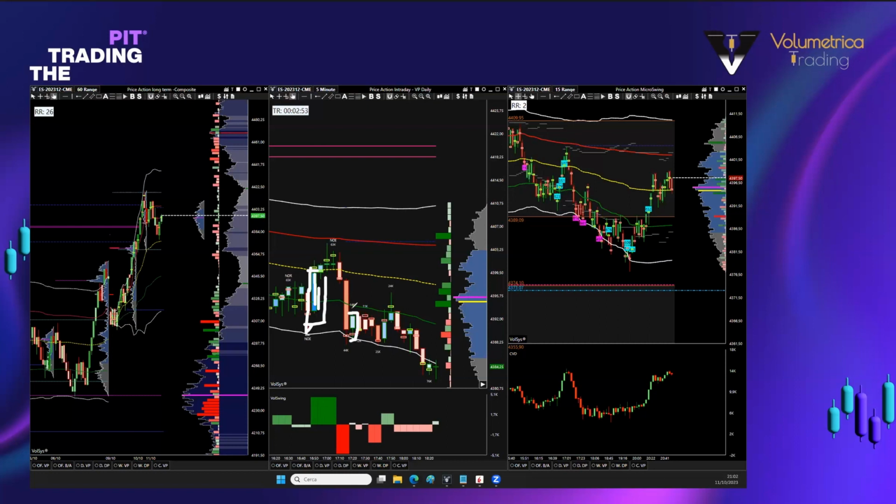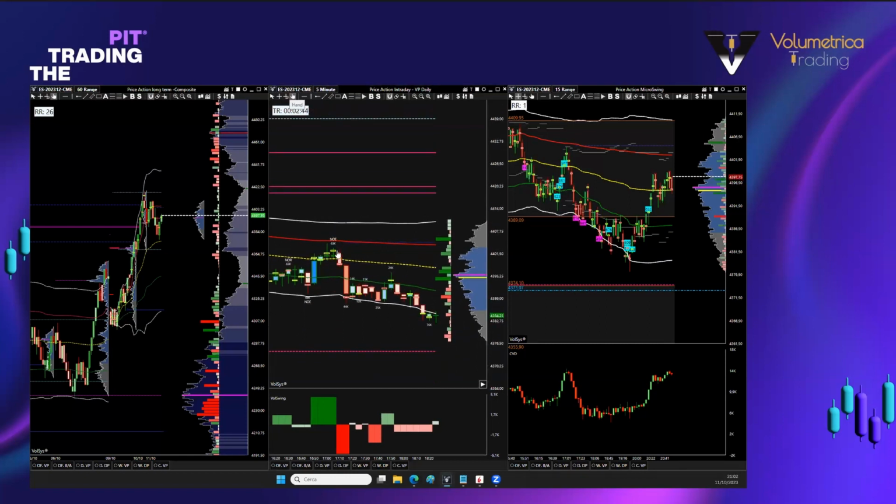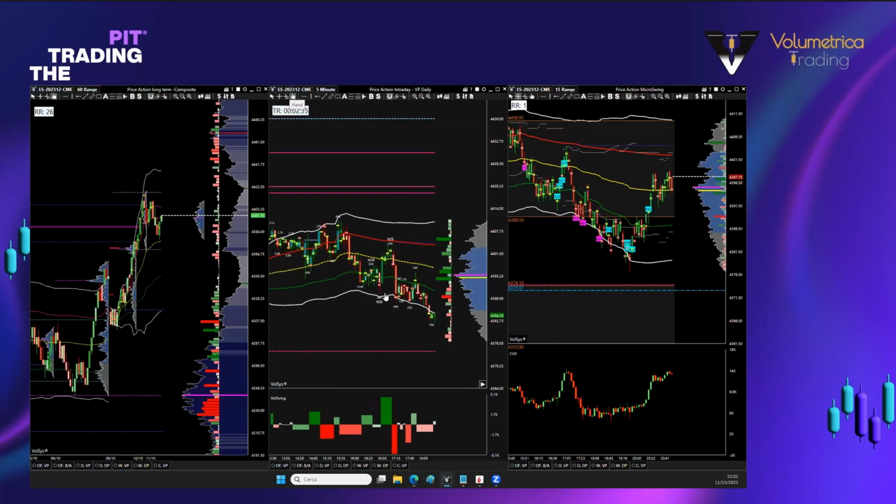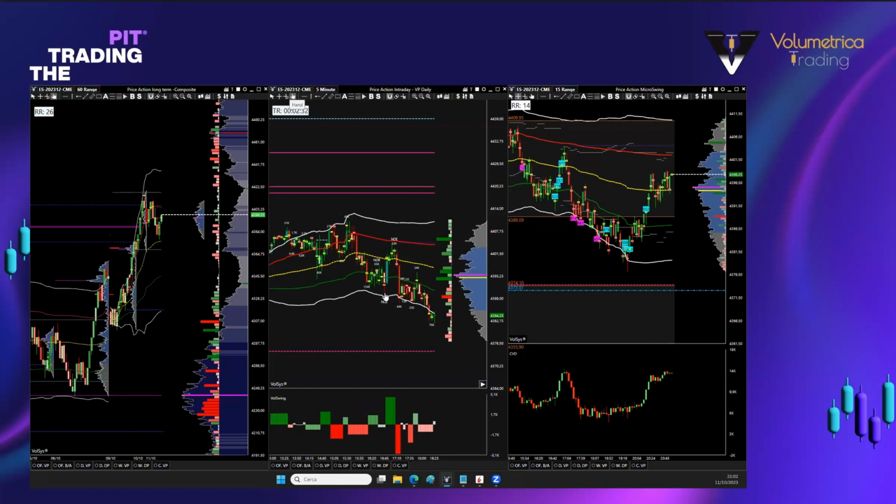So, for example, just to put things together, was a short trade nice here? Yeah. Why? Because of this situation, but also because we were slowly getting back to the fair value in terms of volume profile, getting back to the POC, the point of balance.